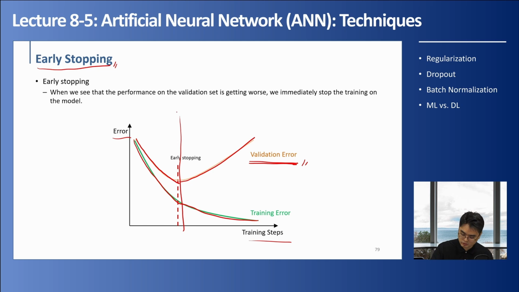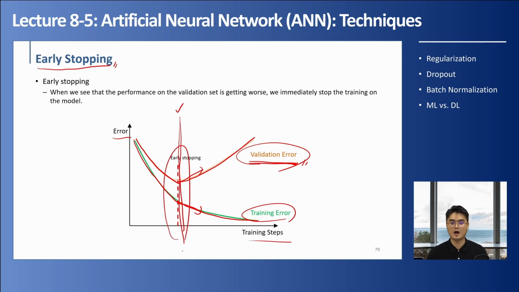So we need to stop our training at some point, and we can do this by early stopping: monitoring the training error and validation error, and if your training error is decreasing and your validation error is now increasing, then you can stop at this training step.